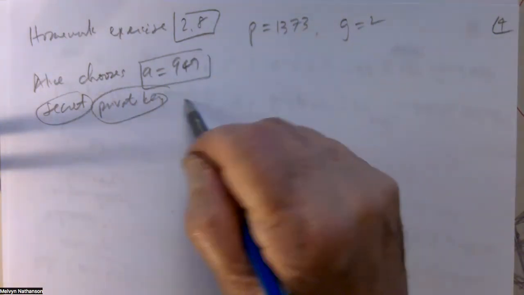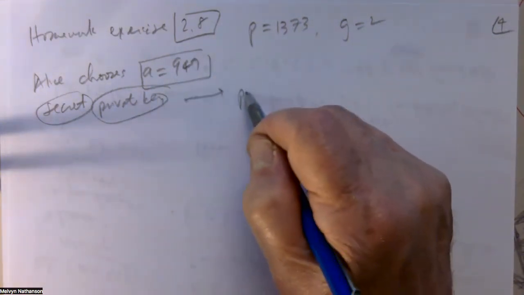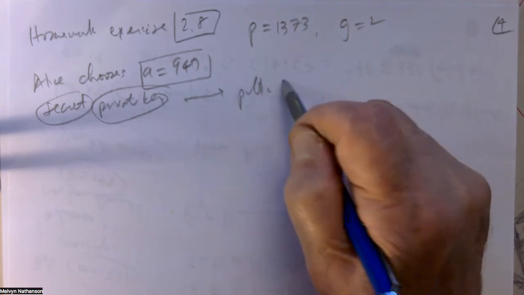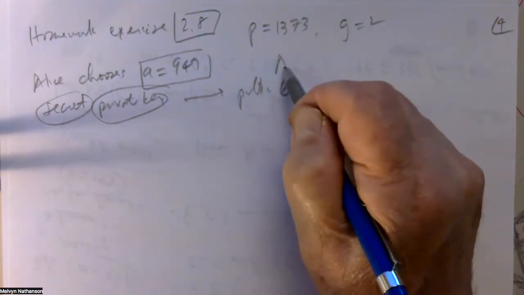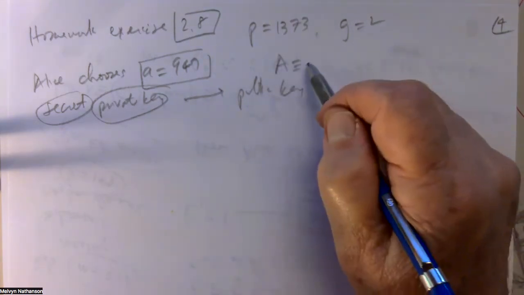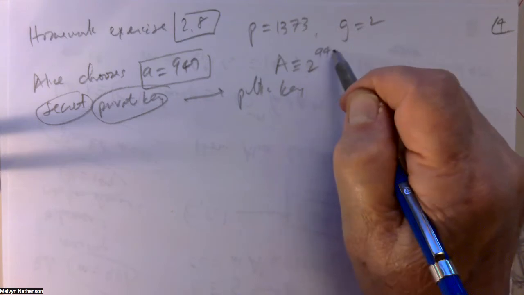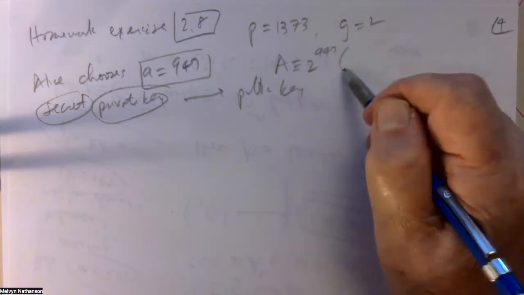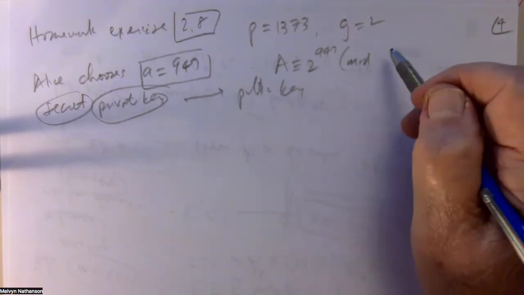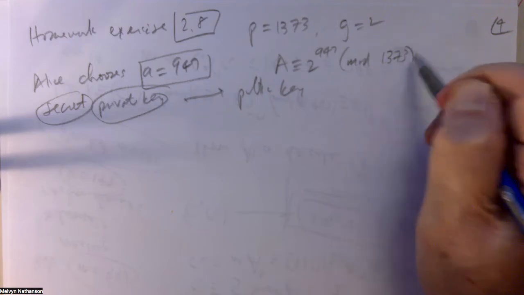And what is her public key? So from the private key, she computes the public key, which is A, which is going to be 2 to the 947th power mod 1373.